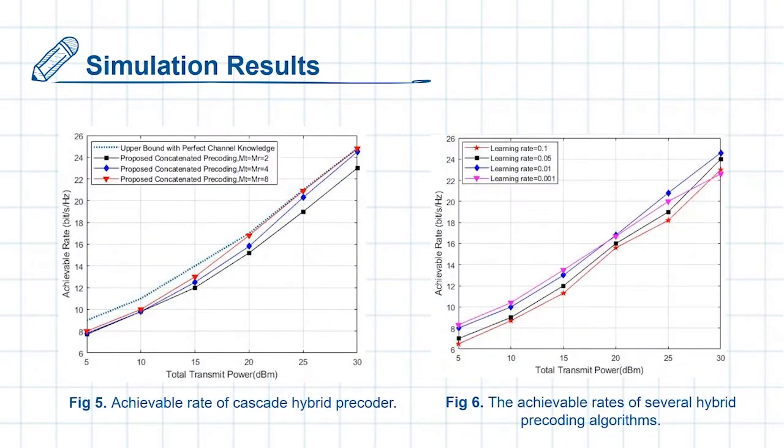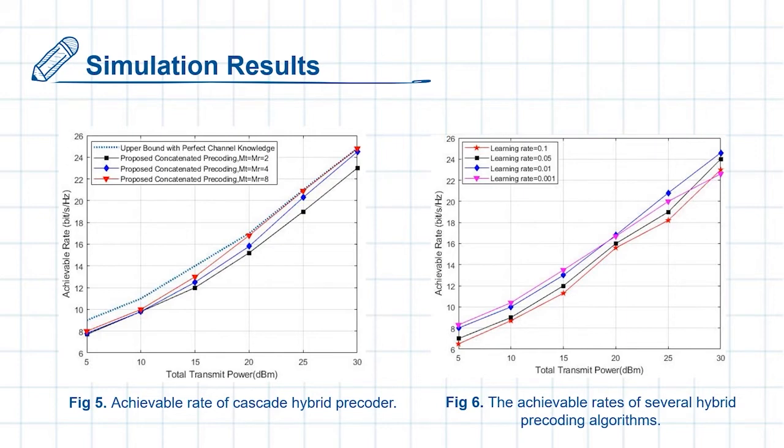Figure 5 shows the relationship between the achievable rate of the proposed cascaded precoding and the total transmit power when the number of channel measurements is equal to 2, 4, and 8.